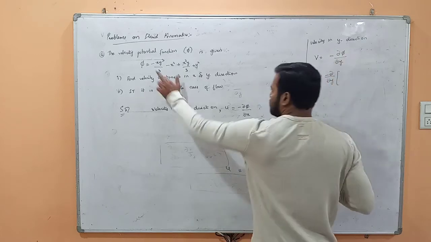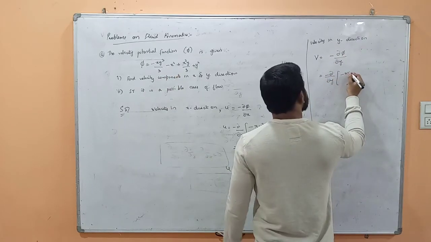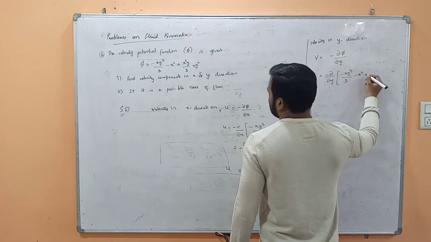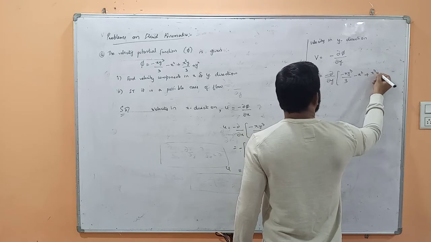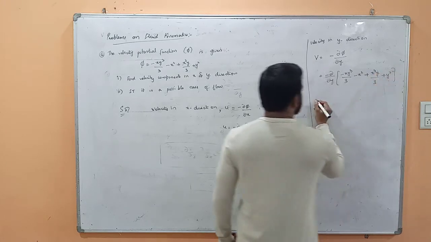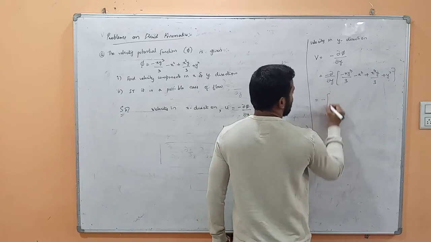The value is given in the question: minus x y cube by 3 minus x square plus x cube y by 3 plus y square. The minus we write outside as it is.